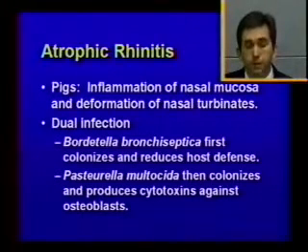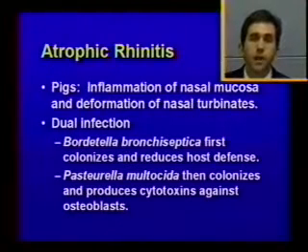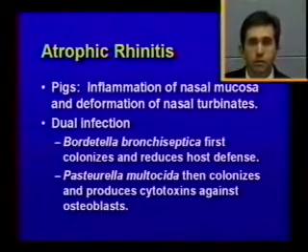And we know that this bacterium is important in atrophic rhinitis because it initiates or colonizes the second phase of the disease, which is caused by Pasteurella multocida. And Pasteurella multocida is an agent that has the ability to stimulate bone formation and bone loss. So now we can link this agent that can affect the bone formation within the nasal turbinates with the infection that occurs in the respiratory tract in the course of this disease.